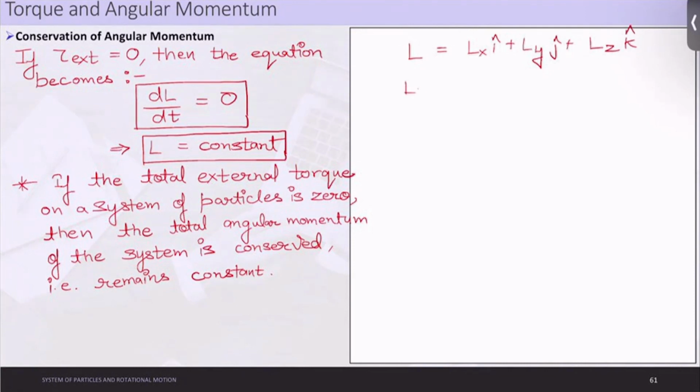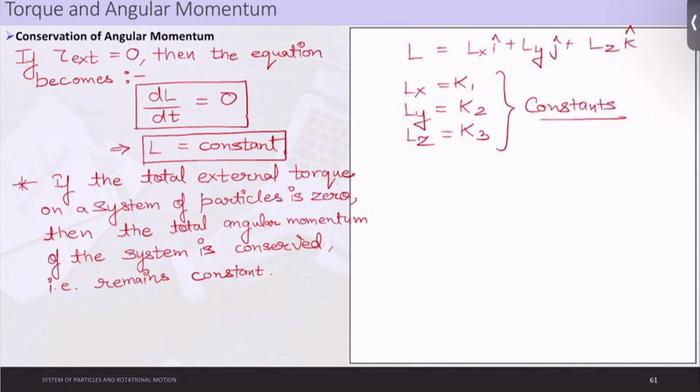So Lx is equal to some k1, Ly is equal to some k2, and Lz is equal to some k3, where k1, k2, k3 are constants. Therefore the statement means that the total angular momentum is conserved, and each of the components of the angular momentum is also constant. Obviously, they are also conserved.